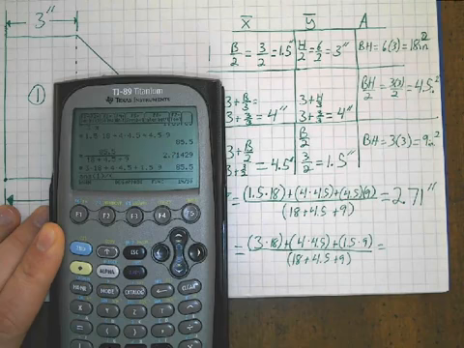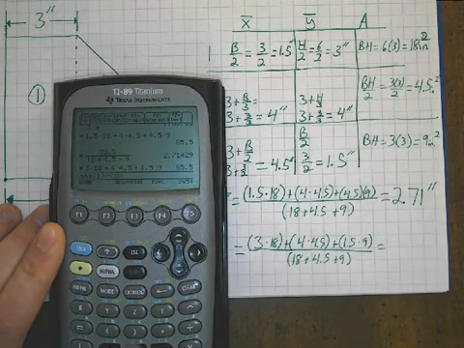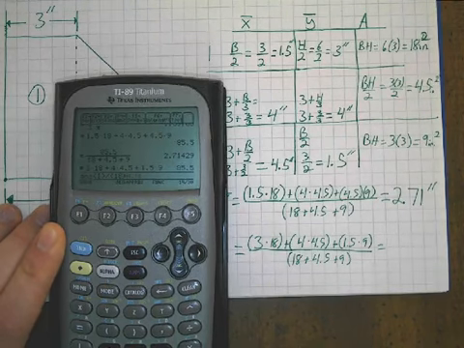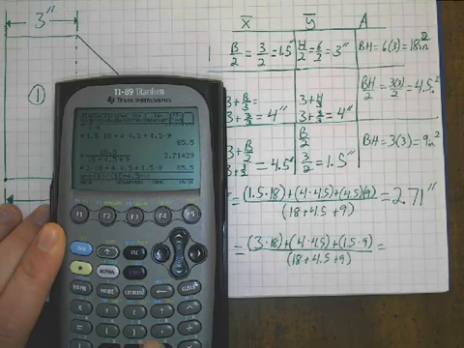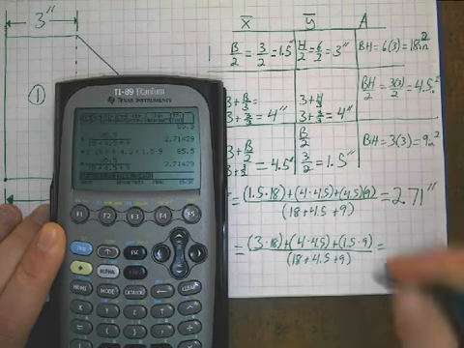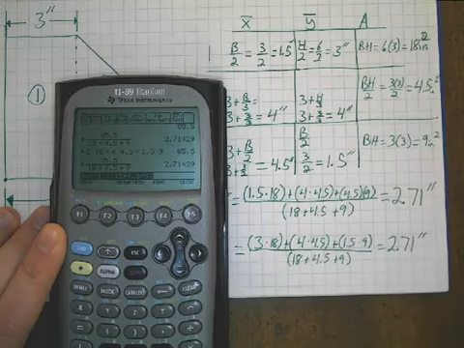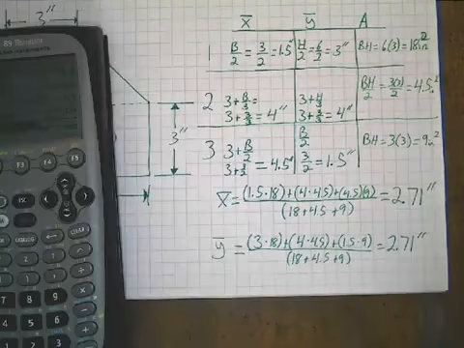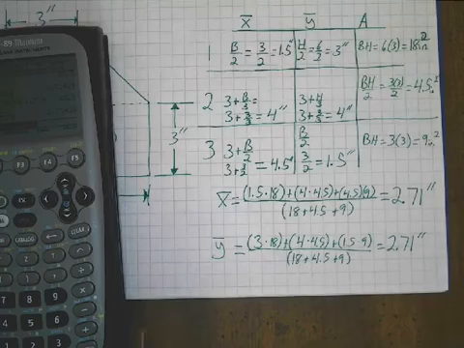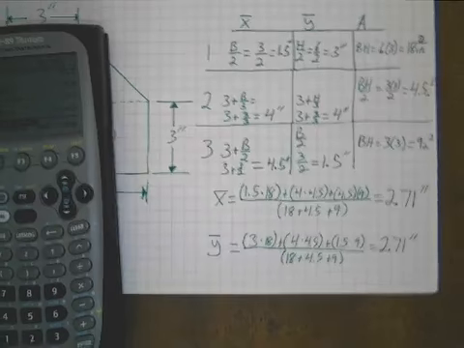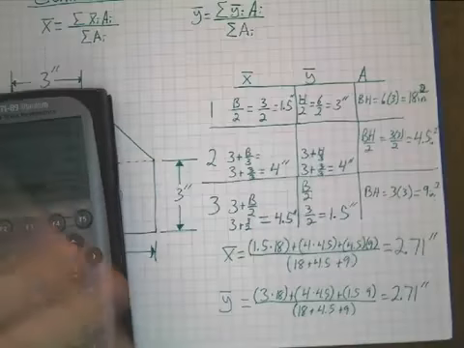Plus 4.5 plus 9, and once again I get 2.71 inches. So my x bar is 2.71, my y bar is also 2.71 for this entire shape.